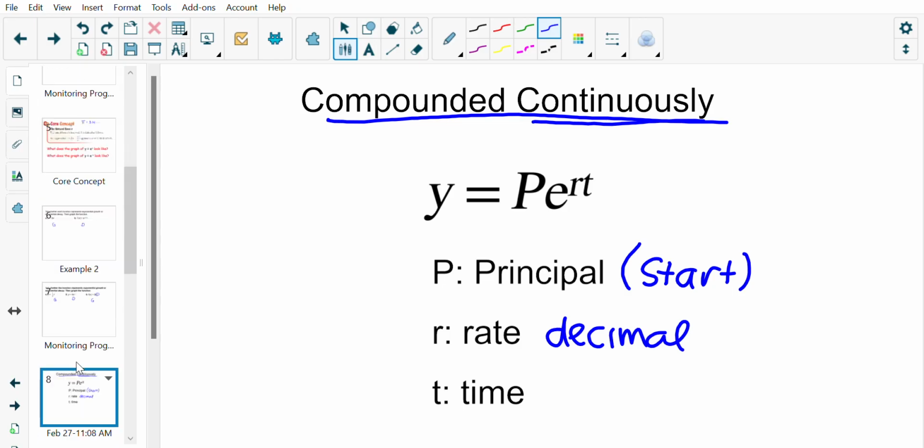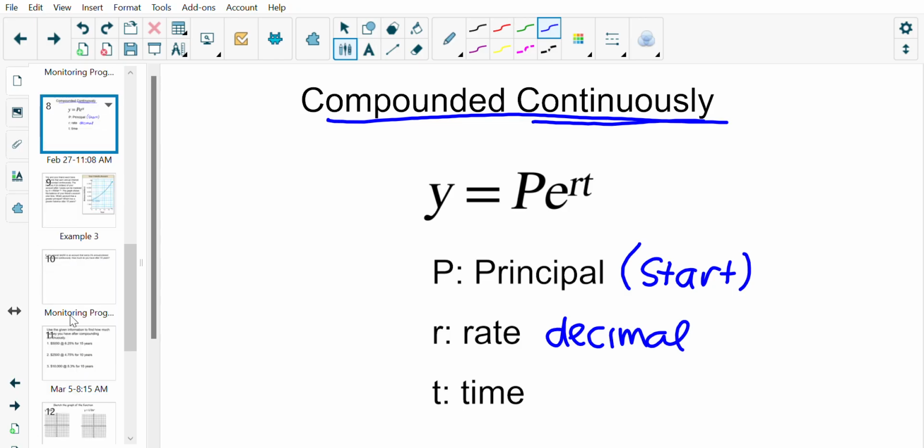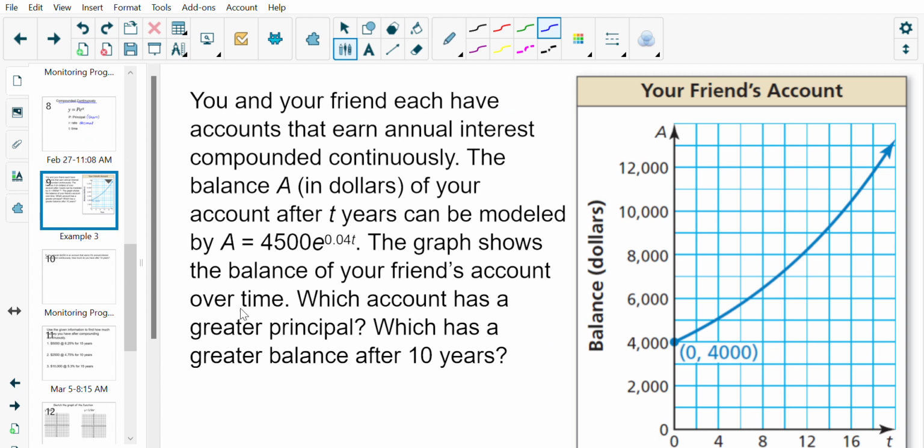Okay, so let's look at some problems here. You and your friend each have accounts that earn annual interest compounded continuously. So there's your keyword there. The balance in dollars of your account after t years is modeled by this equation. This 0.04t, that's in the exponent. And then the graph is where your friend's account is over time. It says, which account has a greater principal? Well, remember, our P is what we start with.